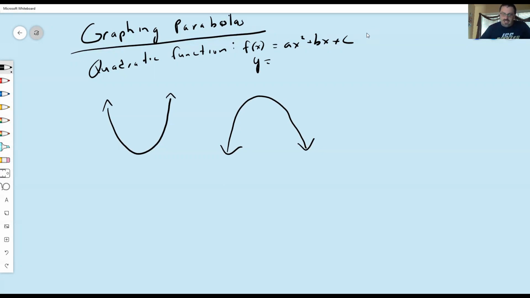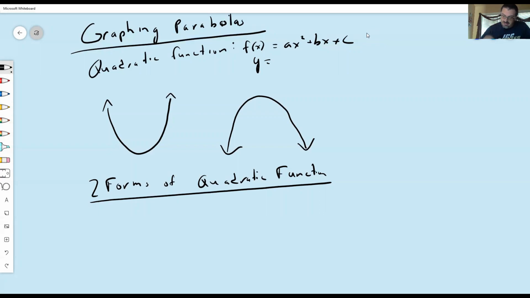Now, there are two forms of a quadratic function. The first one we just mentioned is f of x equals ax squared plus bx plus c.